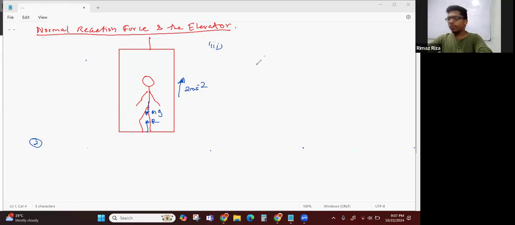What would be the value of R? Try to find it. If you got the value, you can send it to me through the chat box.